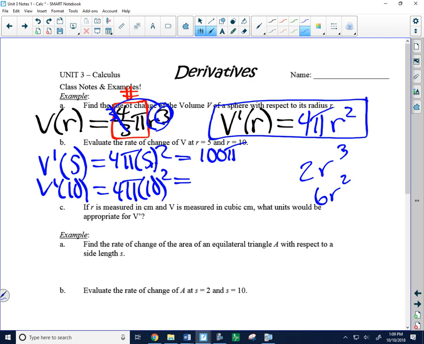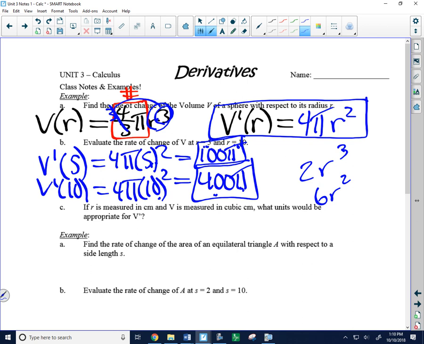You can put units in; it'll be units per unit squared. 10 squared is 100 times 4, 400 pi. So what you can see is, from 5 to 10 we doubled the radius, but the rate of change of the volume was multiplied by 4.